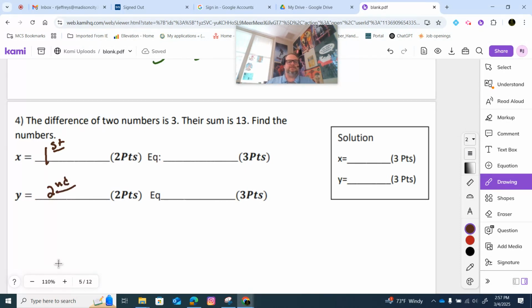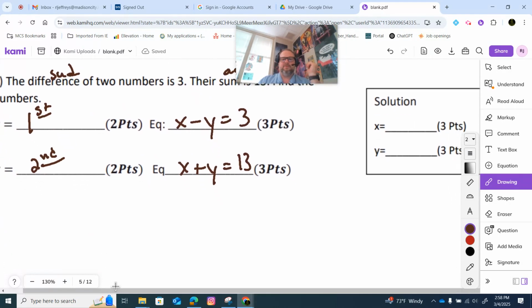All right. The difference, this means subtract. Sum, this is add. So I have these set up for elimination.